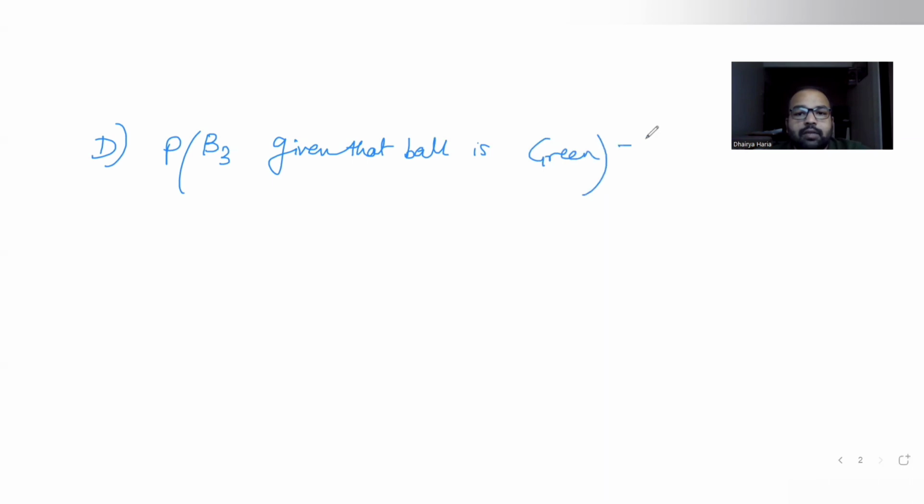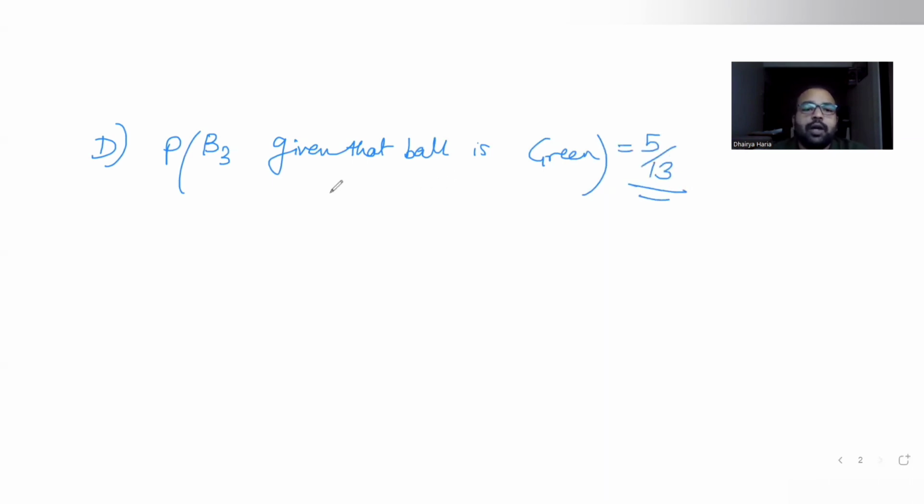Now, the fourth option says the probability that the selected bag is B3 given that the chosen ball is green equals 5 by 30.